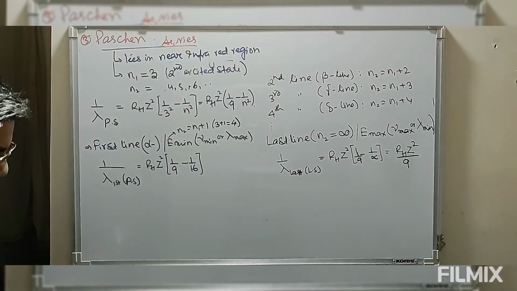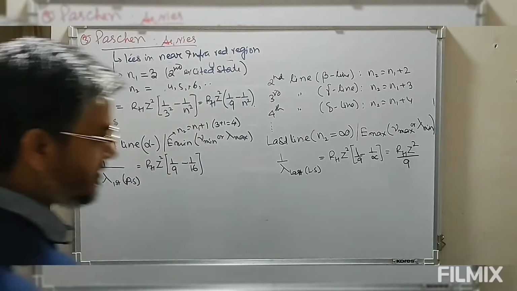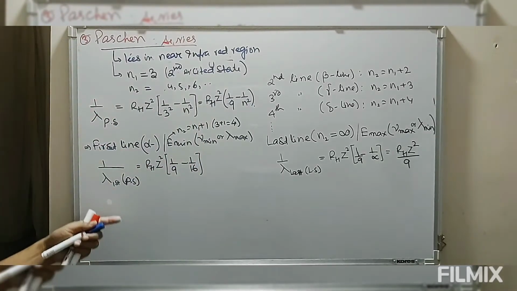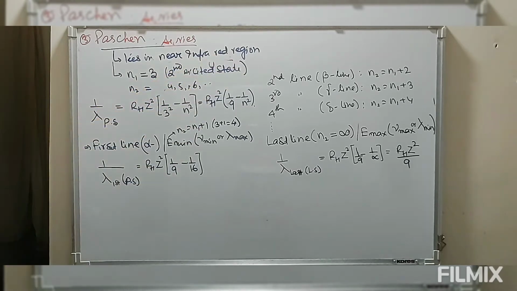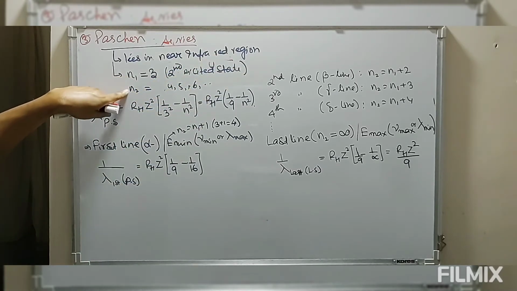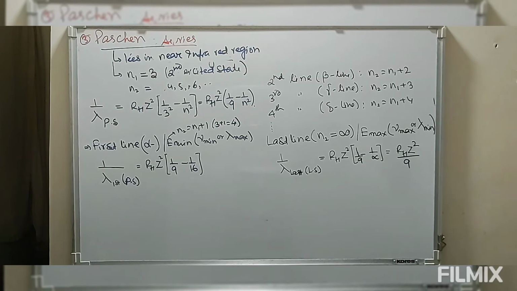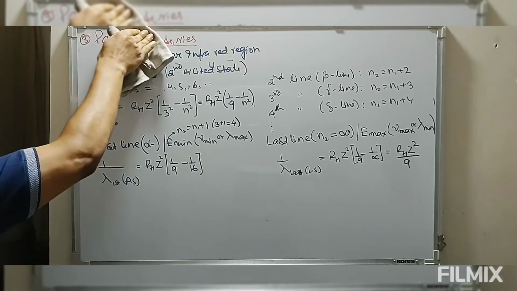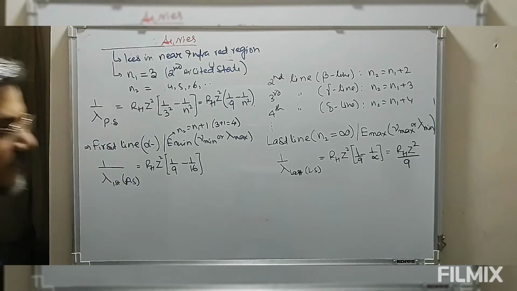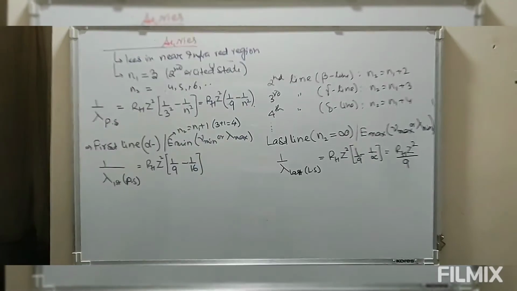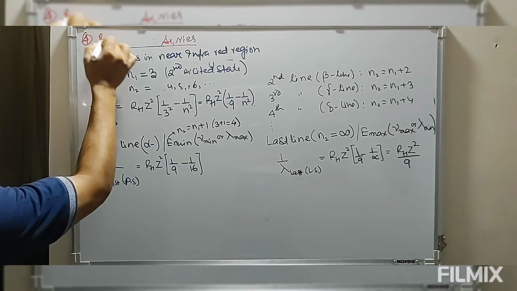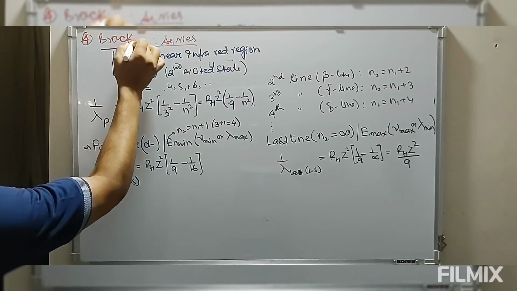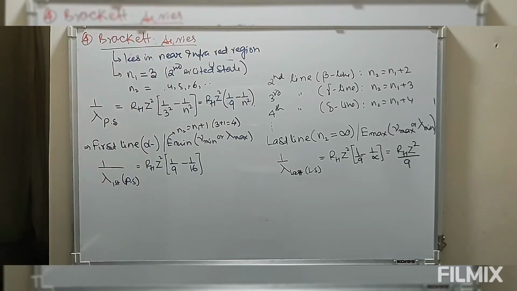Then the fourth series, that is known as Brackett series. So this is the Paschen series which lies in near infrared region, for which N1 is 3, N2 is any value greater than 3. Then the fourth series is Brackett series.